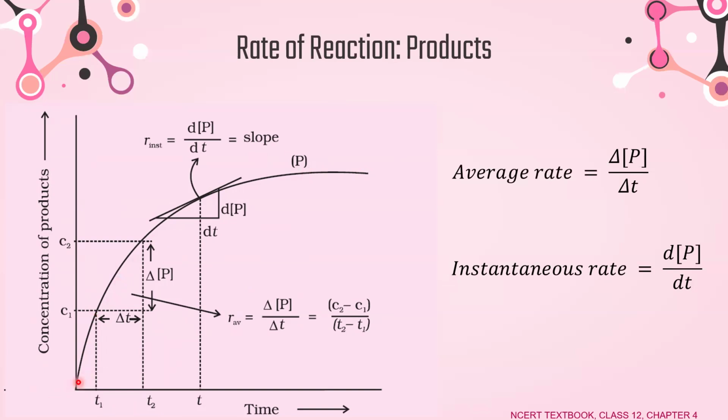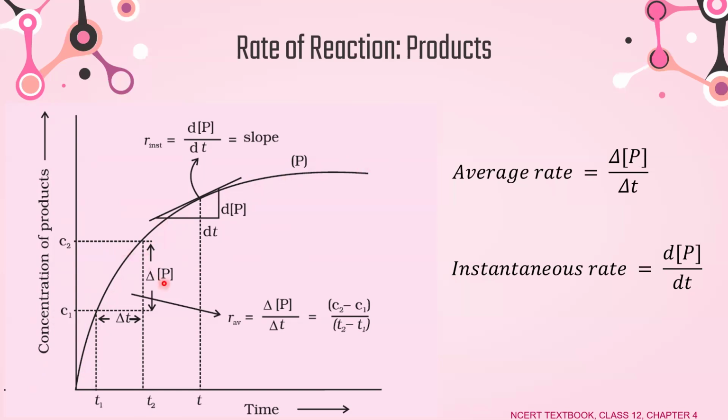Initially, at time zero when the reaction didn't start, there was no product. But as the reaction started, the concentration of product increases. As the time increases, the concentration of the product also increases.